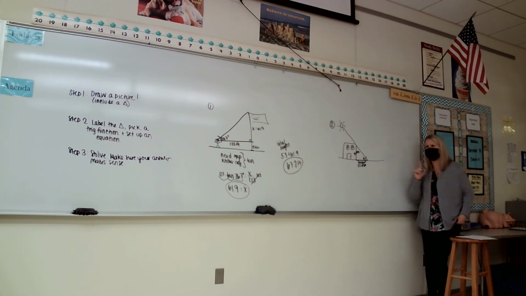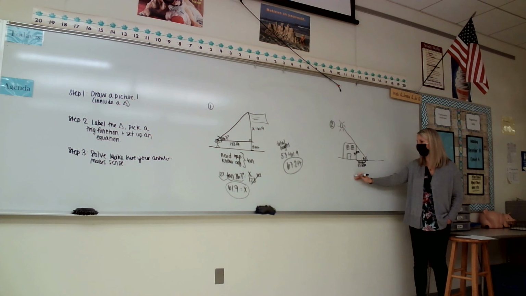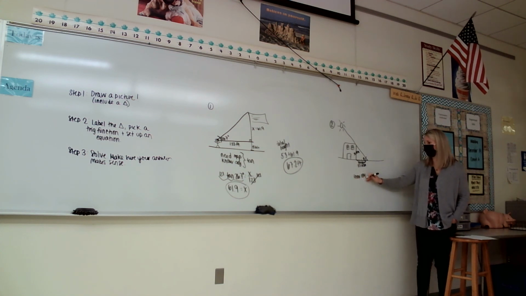I like this one. This one has even less work than that one. So first thing I think in my head is, what do I know? From theta, I know opposite and adjacent. So I'm going to use tangent.